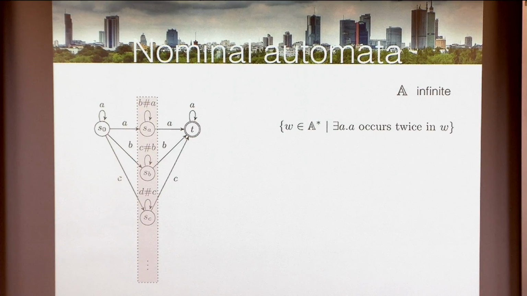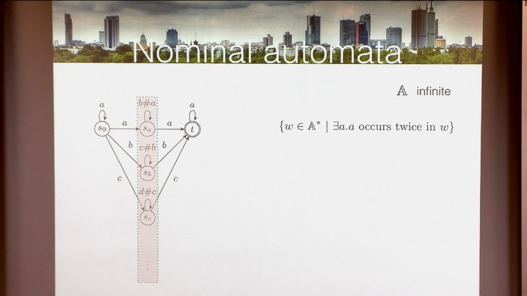So going back to a similar example to the one I had a couple of slides ago, consider the language of words where a certain letter occurs twice in the word. How would you build an automaton that accepts this language if the alphabet is infinite? Well, one way to do it would be to start from S0, some initial state, and read letters.